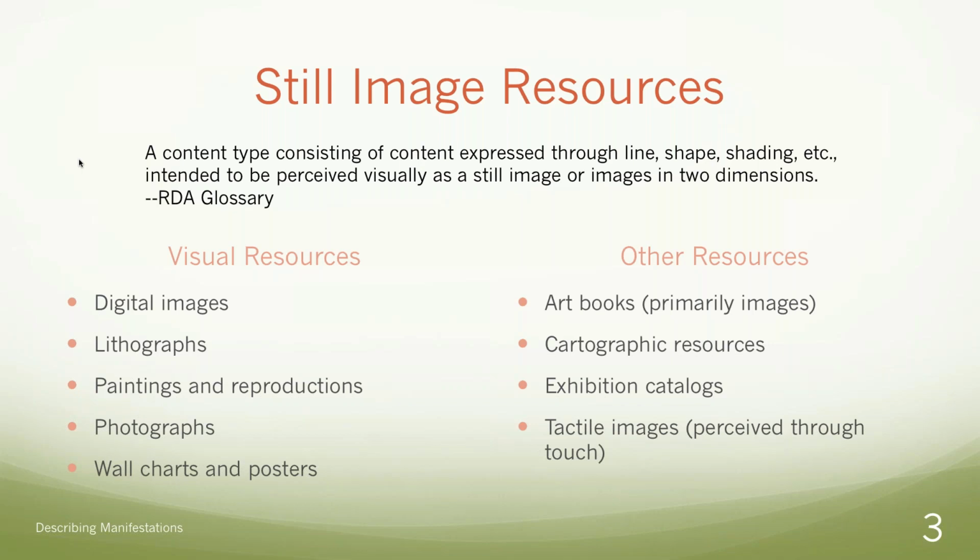So the content of those are primarily the images of the paintings, or even if they're photographs of 3-dimensional objects like sculptures and things like that. Cartographic resources such as aerial photos, or some other type of map that is meant to be perceived as a picture in some way. Tactile images that are perceived through touch. All of these are also types of still images.